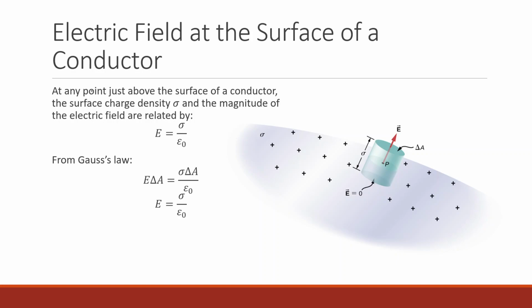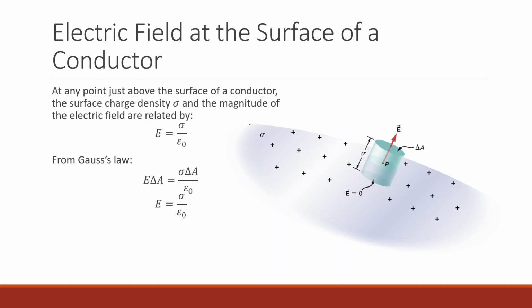At any point just above the surface of a conductor, the surface charge density sigma and the magnitude of the electric field are related by this. And from Gauss's law, this is how we get there: E times our change in area is equal to sigma times change in area over epsilon naught, or E is equal to sigma over epsilon naught.